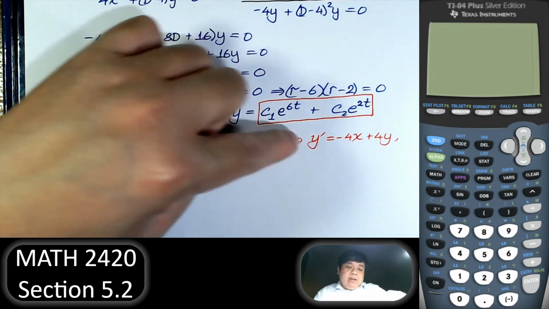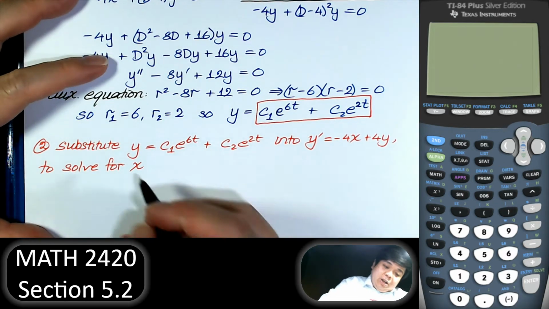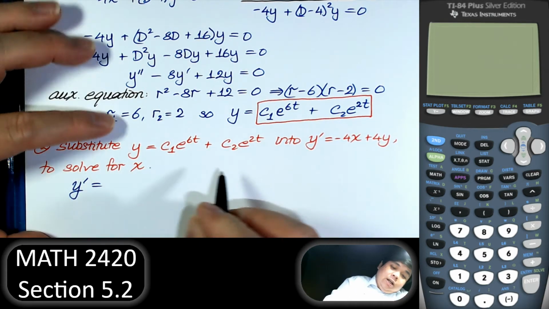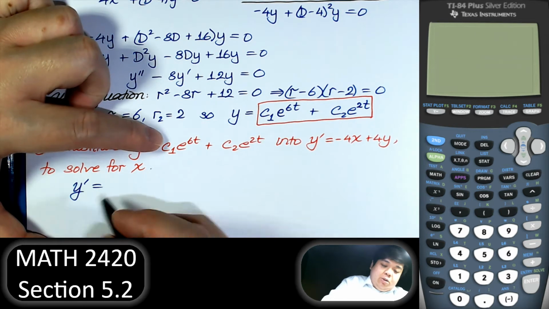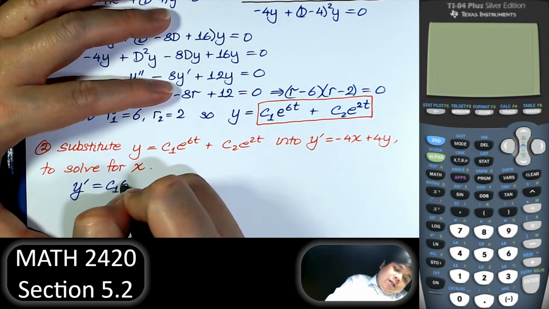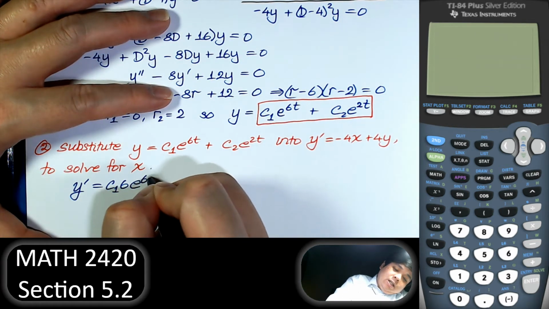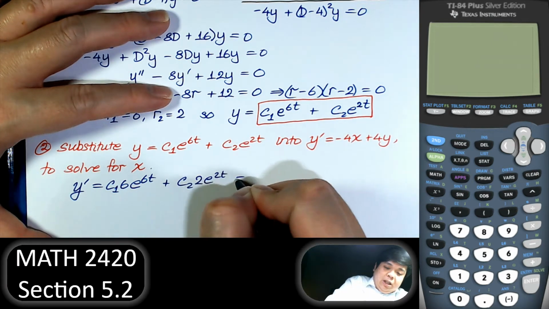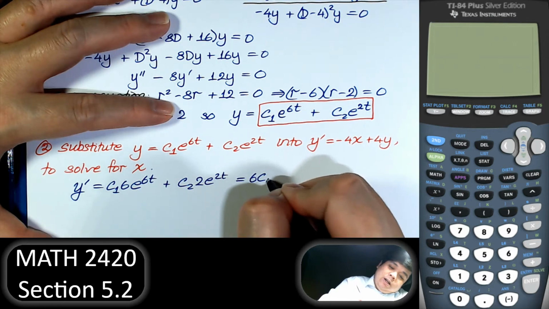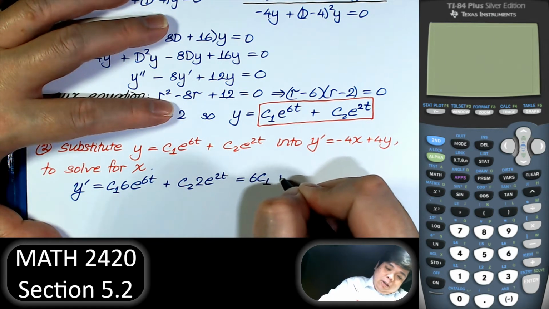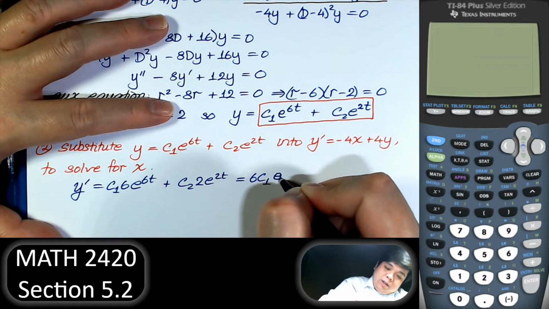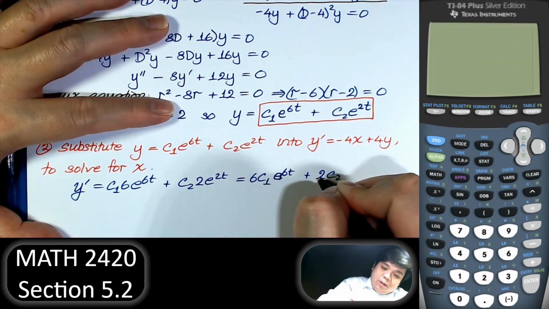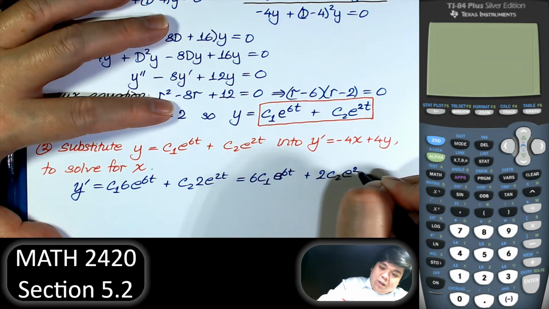Now we have the derivative and we have the function, so we need to take the derivative first. The derivative is c1 times 6 e to the 6t plus c2 times 2 e to the 2t, so we have 6c1 e to the 6t plus 2c2 e to the 2t.